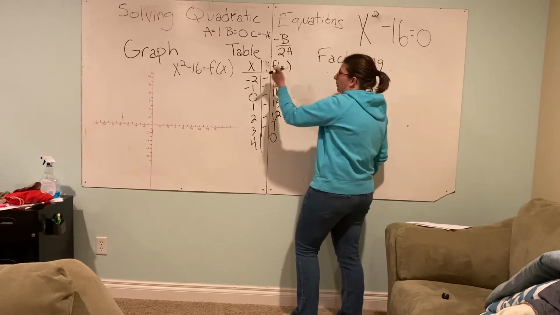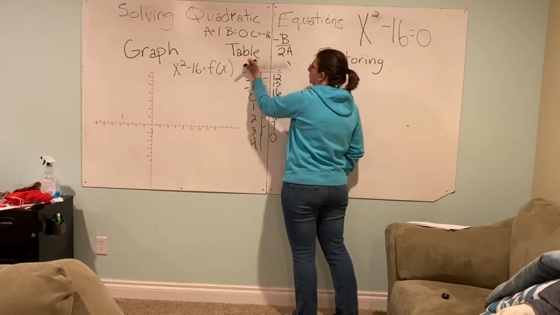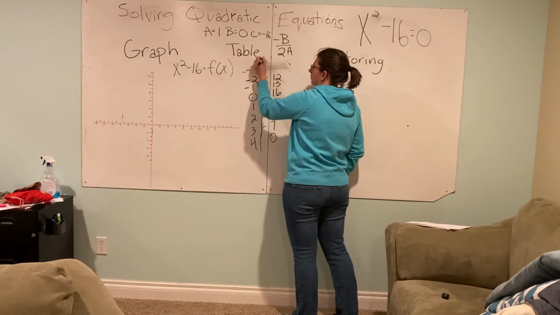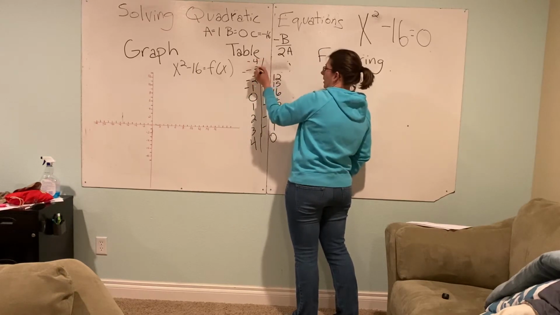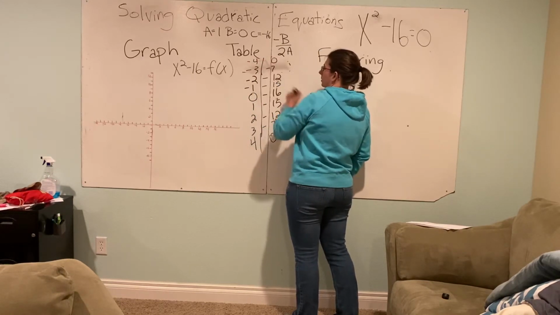Okay, if we extend this up here, we're going to get negative 7 and we're going to get 0.